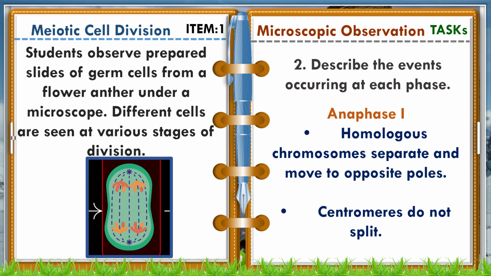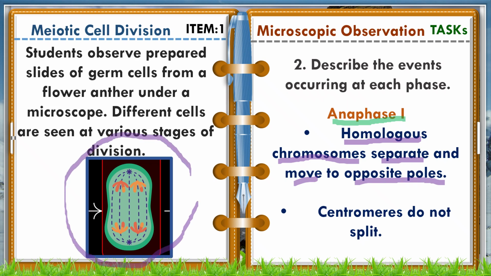Then we have another stage, which is anaphase 1. What happens in anaphase 1? The homologous chromosomes, they separate and move to opposite poles. So let us look at anaphase 1 here.